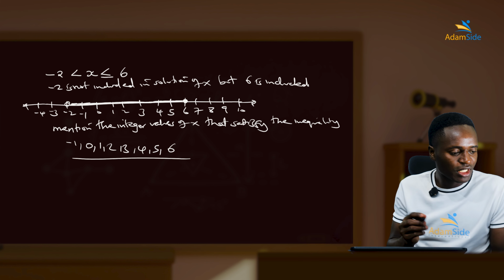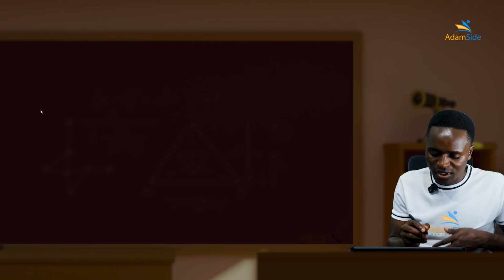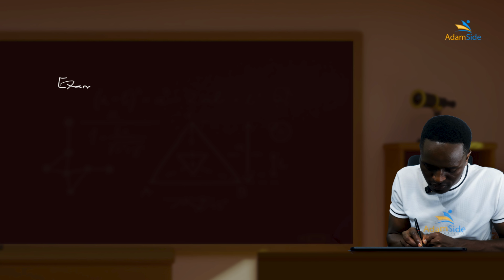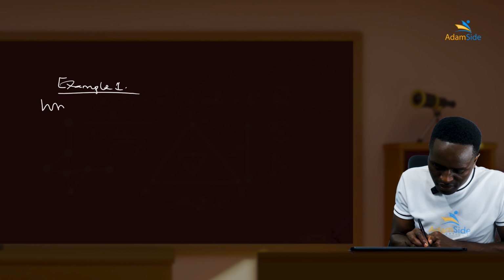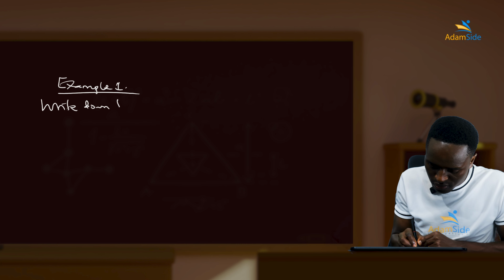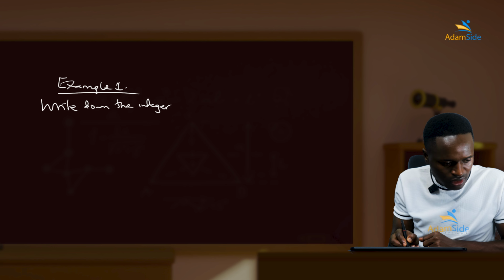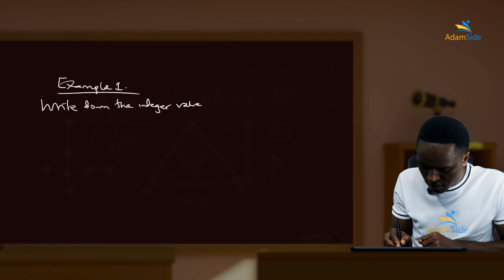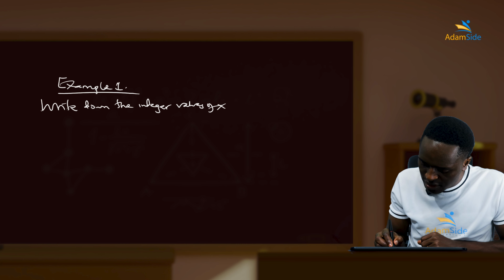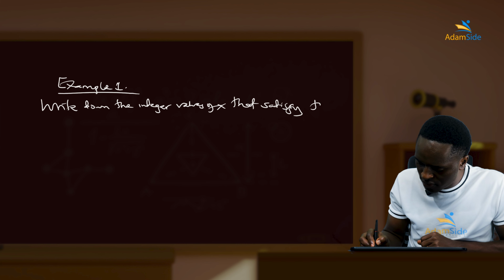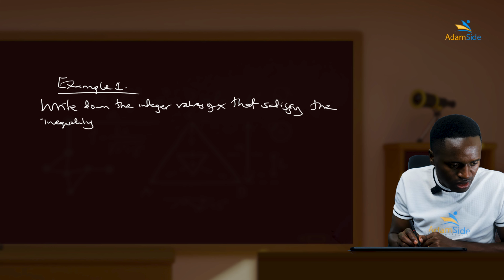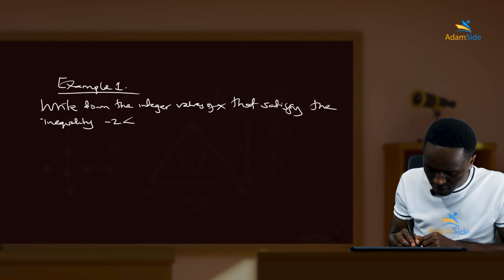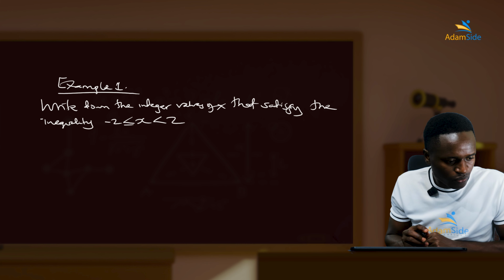So for example, you might be asked, example 1: write down the integer values of x that satisfy the inequality -2 is less than or equal to x, and x is less than 2.